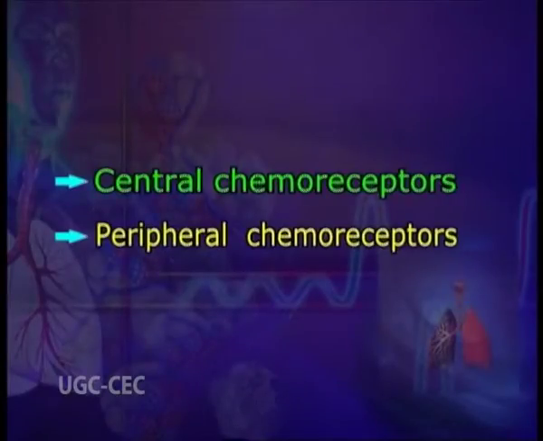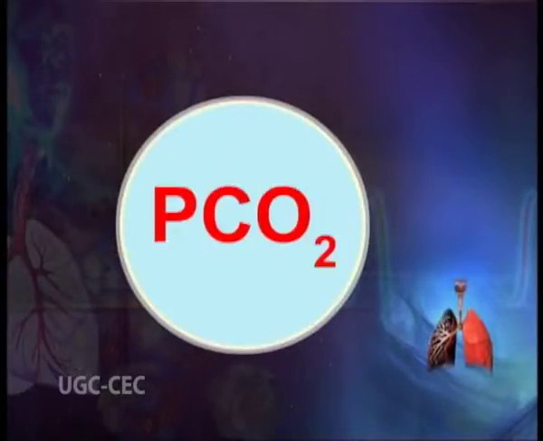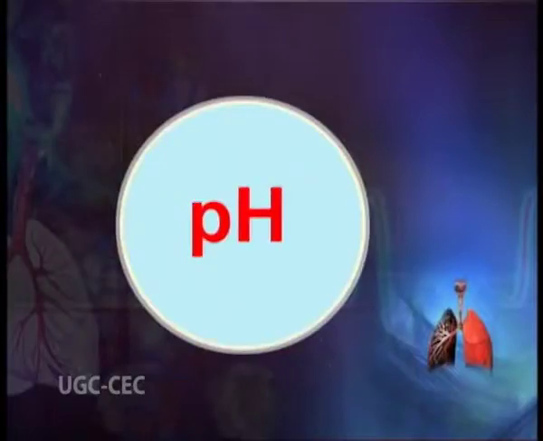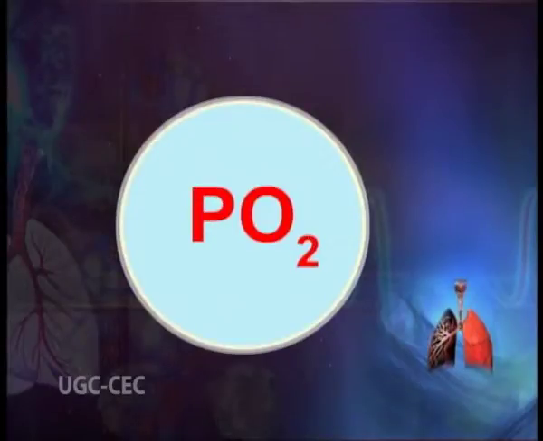Central chemoreceptors are located in or close to the respiratory center in the medulla oblongata in the central nervous system. They respond mainly to changes in H+ ions or PCO2, or both, and are less affected by changes in arterial pH or PO2.